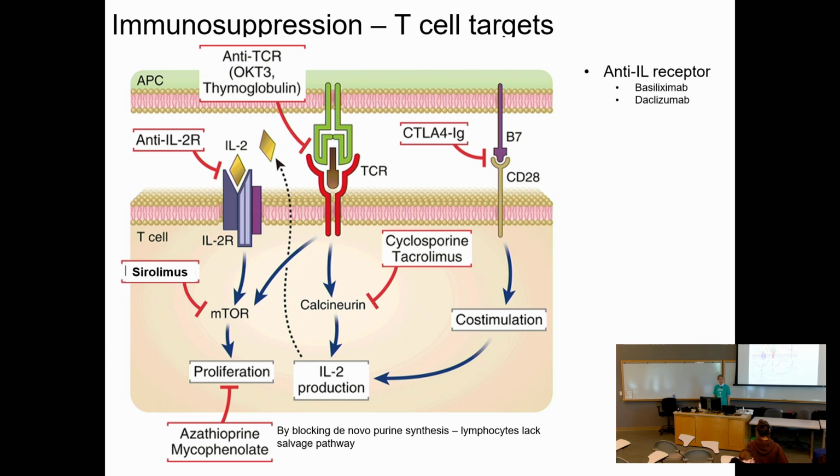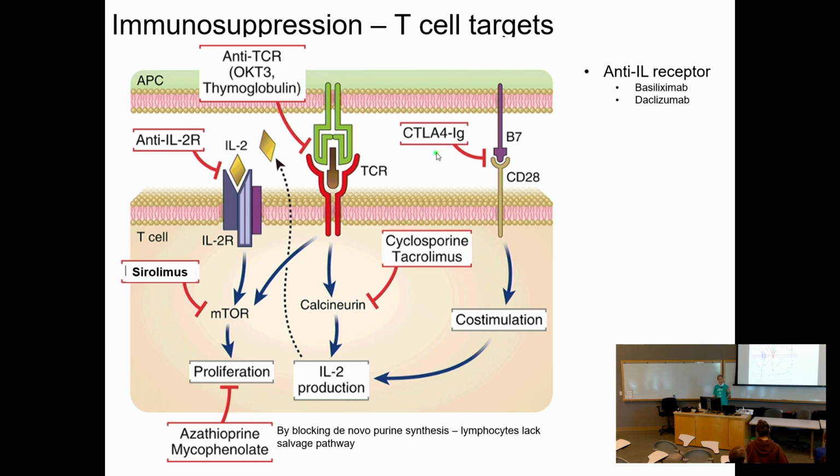The other thing we know is that to get the T cells to respond, you need co-stimulation. One of the co-stimulating molecules is recipient CD28 interacting with B7. There's a monoclonal antibody that's similar to CTLA-4.